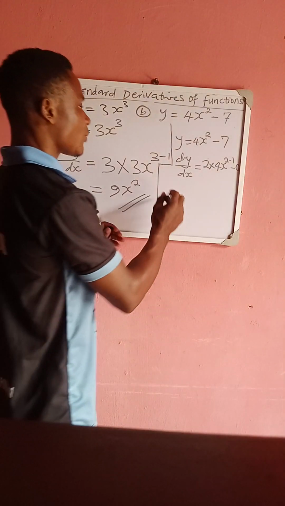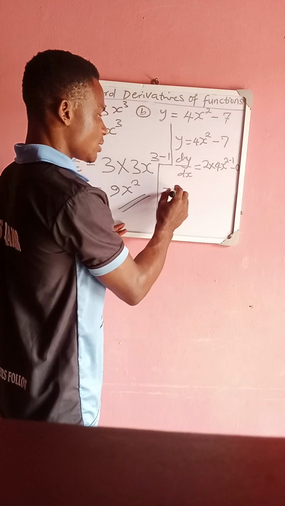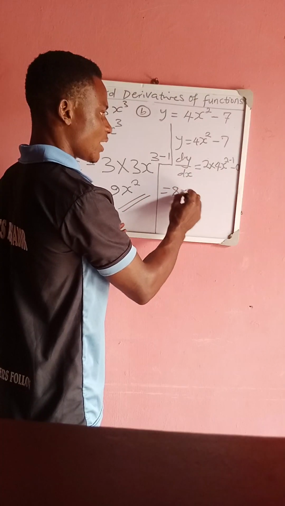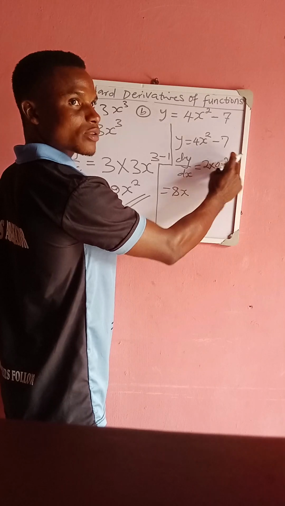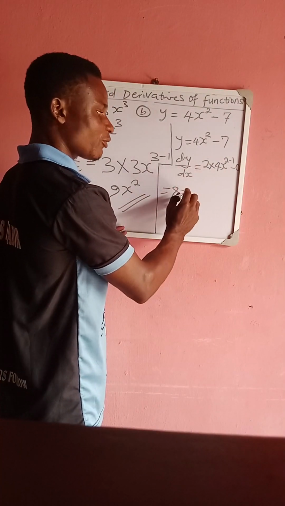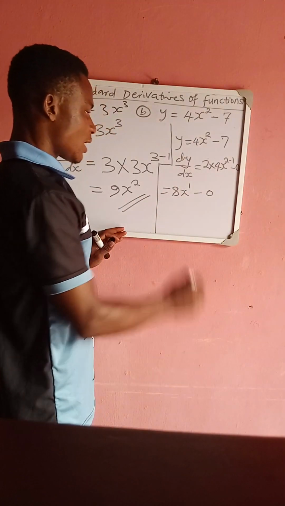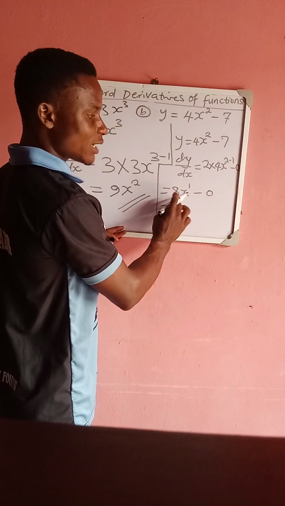Then 2 times 4 is 8, then we have x, and 2 minus 1 is 1, so x raised to the power of 1.